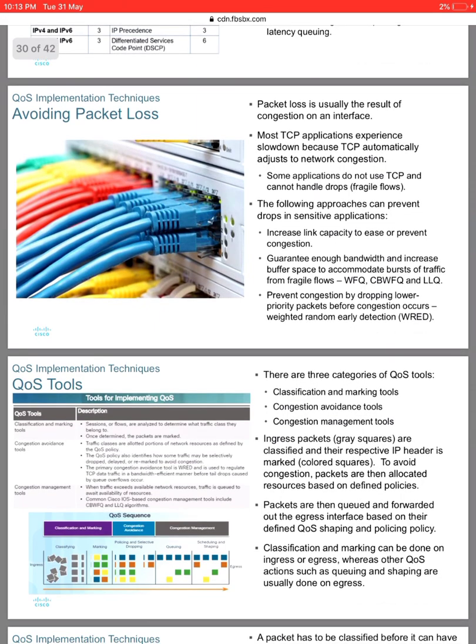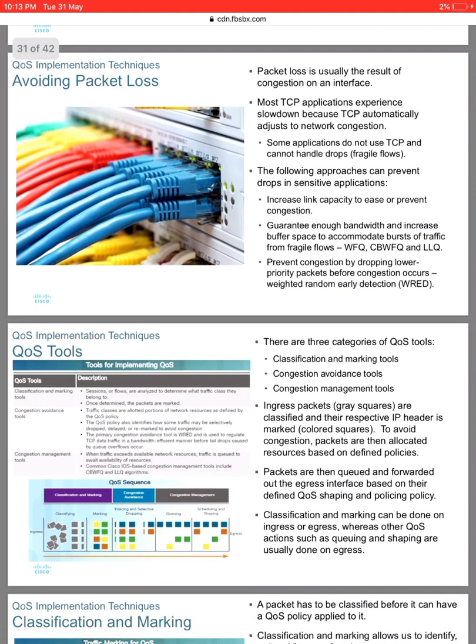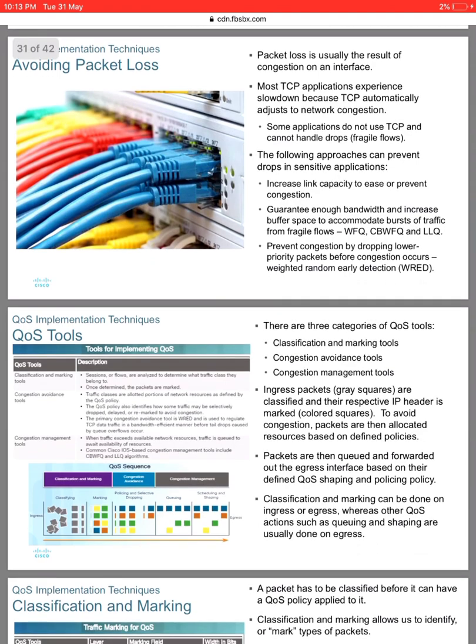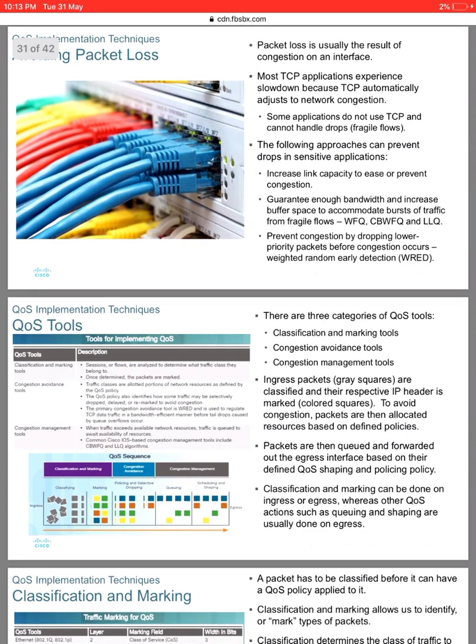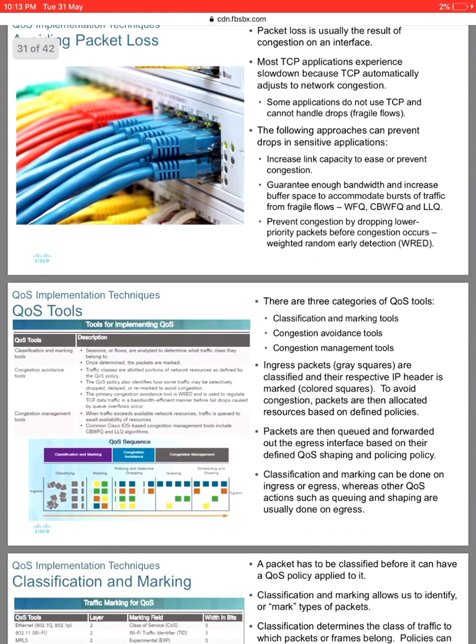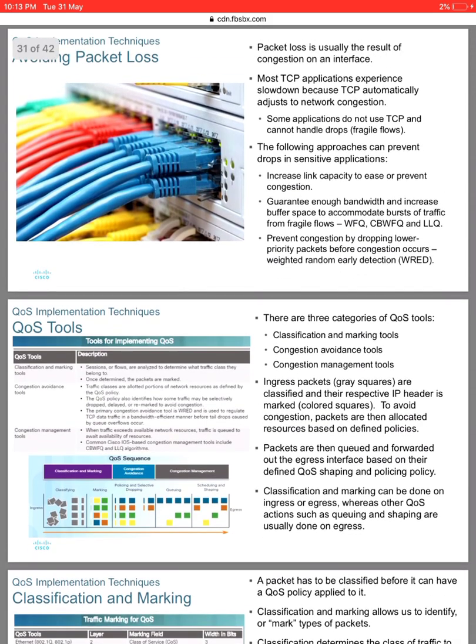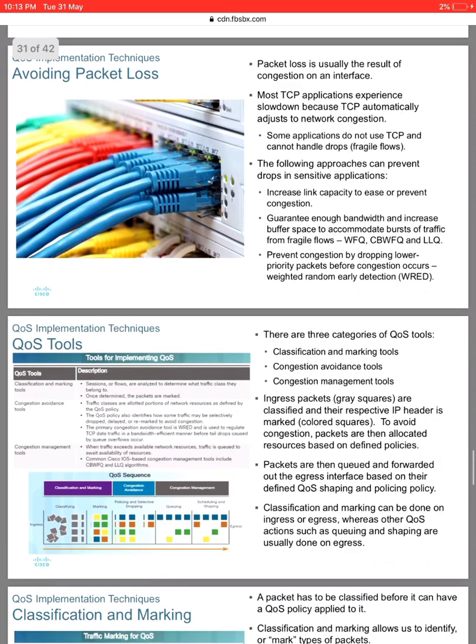The following approaches can prevent drops in sensitive applications. Increase link capacity to ease or prevent congestion. Guarantee enough bandwidth and increase buffer space to accommodate bursts of traffic from fragile flows, using WFQ, CBWFQ, and LLQ. Prevent congestion by dropping lower priority packets before congestion occurs, with random early detection. So, more dito siya.